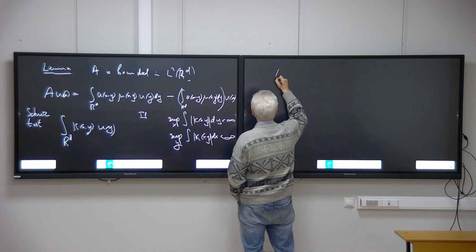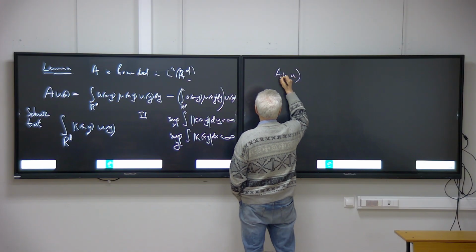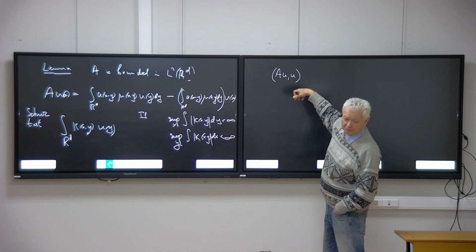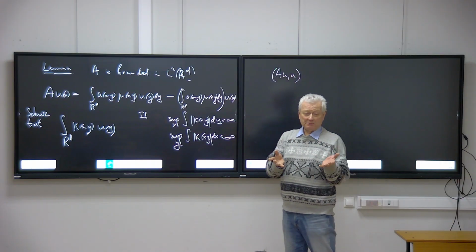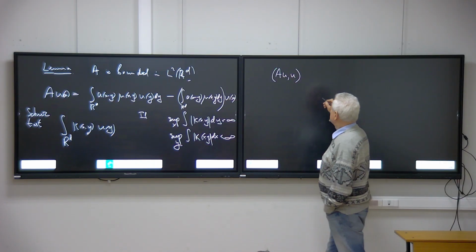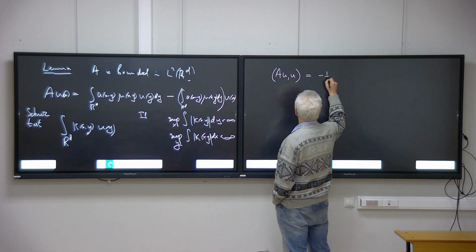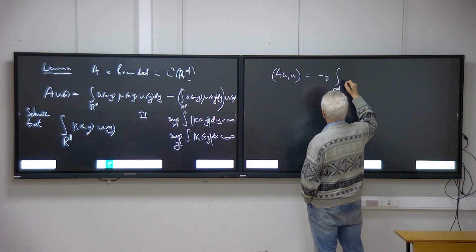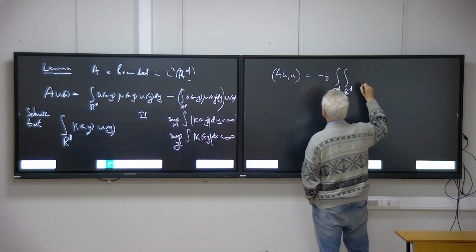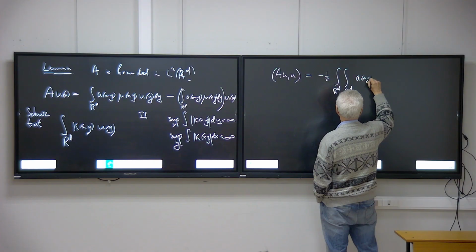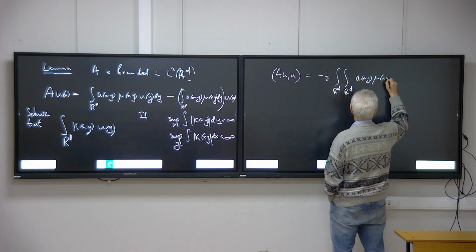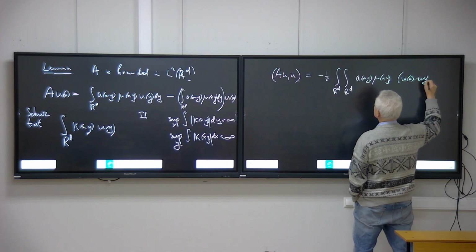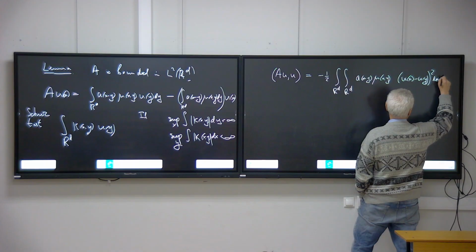What we can easily check is that the inner product of Au and u, where the inner product is by default the inner product in L2 of R^d and I will not write the index L2, is equal to the integral over R^d, integral over R^d, of a of x minus y, mu of x, y, times the square of u of x minus u of y, dx dy.